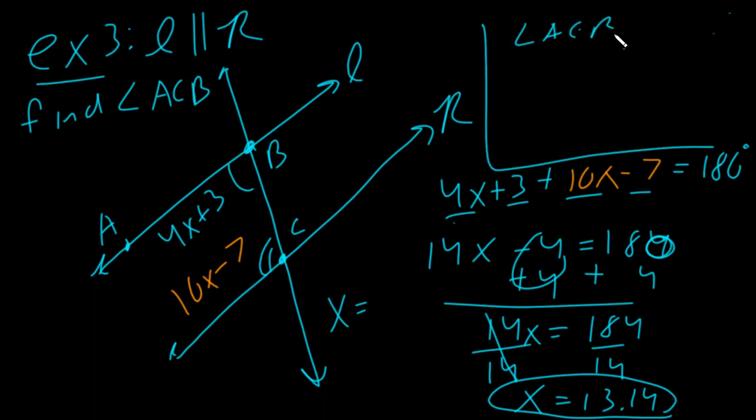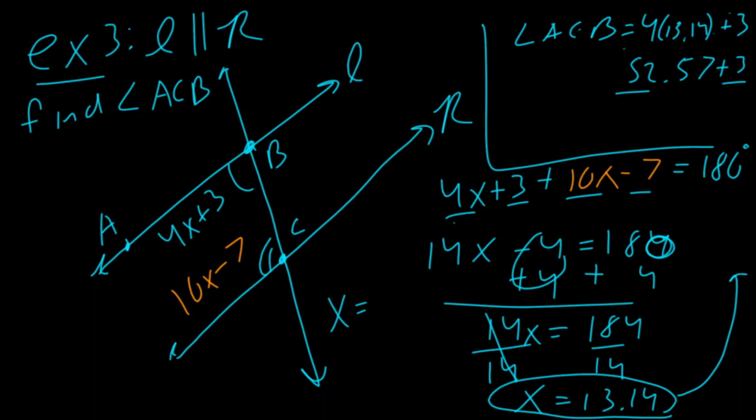Angle ACB is equal to 4x plus 3, and we know that our x term is going to be that 13.14, and from there y'all know how to solve this. So we multiply 13.14 times 4, and we get 52.57 plus 3. And remember, here you can just add the whole numbers, and so 52 plus 3 will give us 55.57 degrees is angle ACB.